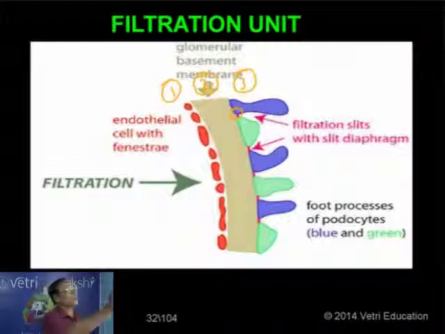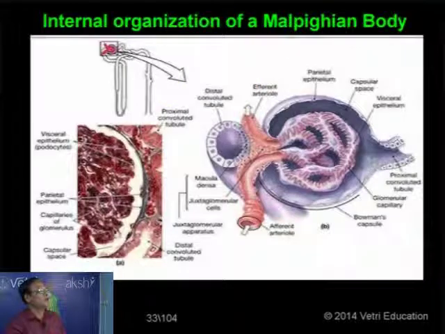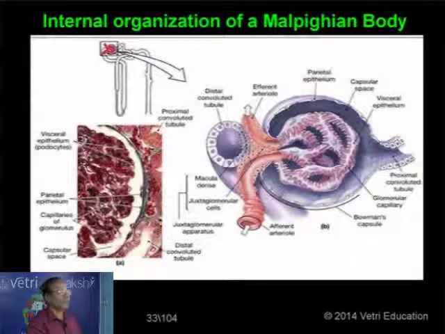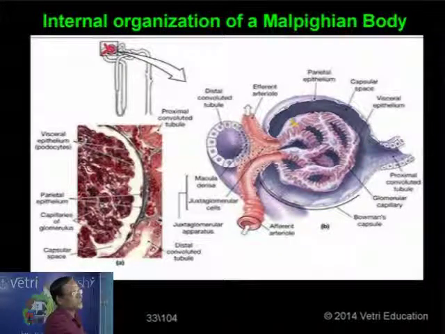And I'll show another picture, the next one. Now this is the entire diagram, a sectional view of the Bowman's capsule. I mentioned already, the filtration unit is formed mainly of the endothelium of blood capillaries here. Then we have the basement membrane also. Now this is the Bowman's capsular epithelium.